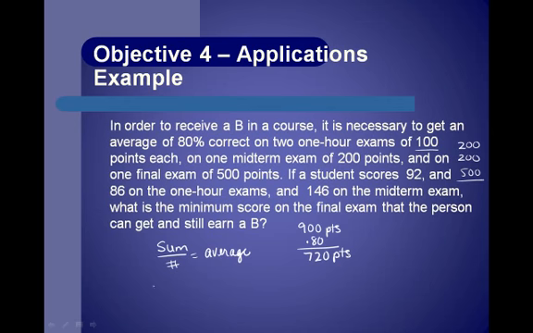Well, so what we've got is we've got the first test score, which is 92, the second test score, which is 86, the third test score of 146, and then whatever we do on our final exam, and that has to give us 720 points.